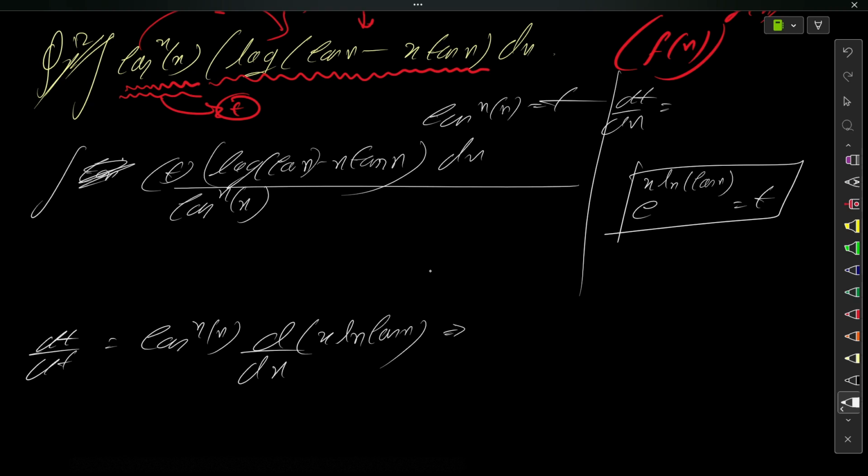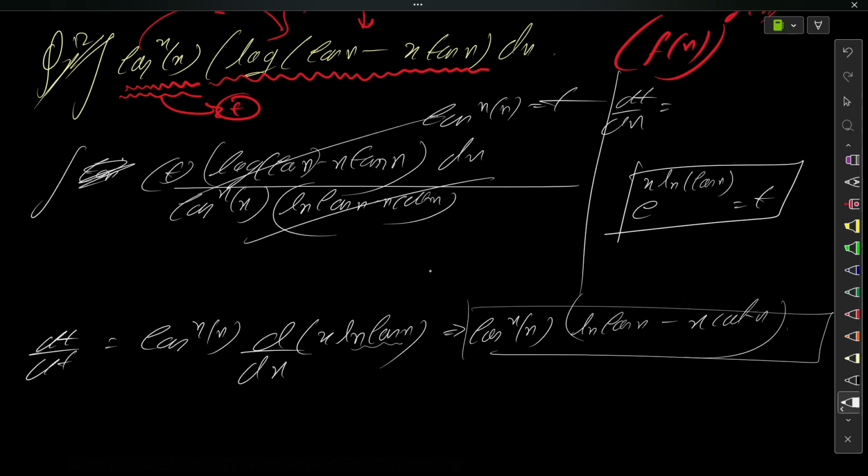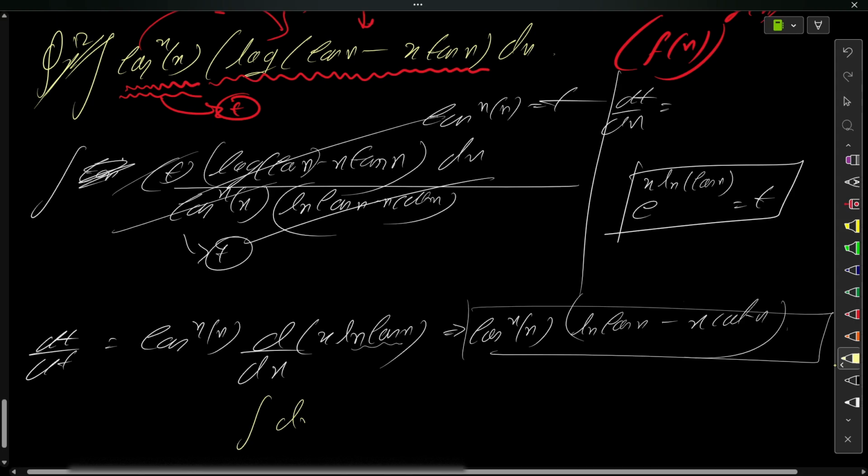So I'm getting cosine x to the power of x times (ln of cosine x minus x cot x ln cos x minus cos x). Yeah, so this is what I'm getting, and it's exactly cutting, minus x cot x. So t and t cut there. So what we are left with is now just the integral of dx. So we are getting it as x plus c.